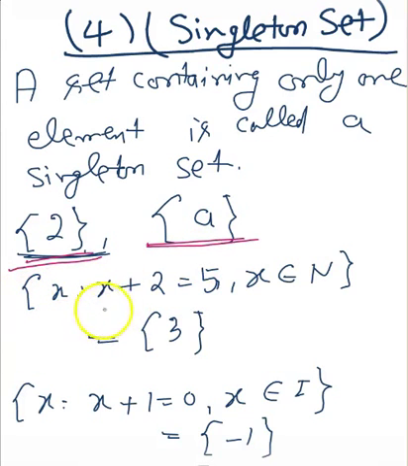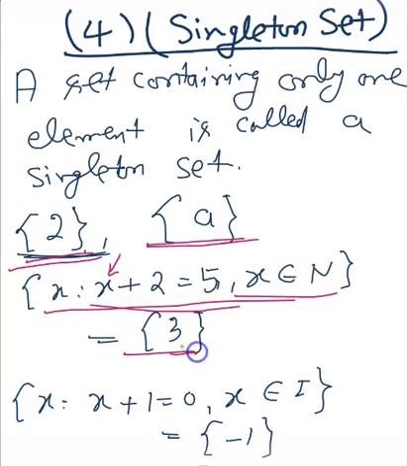One more example, X such that X plus 2 equal to 5 and X belongs to N, meaning natural numbers. If X plus 2 equals 5, then only X equal to 3 can satisfy this condition, right? If you put 3, then 5 equals 5. But there would be no other value of X except 3.